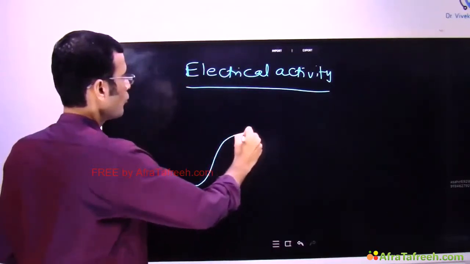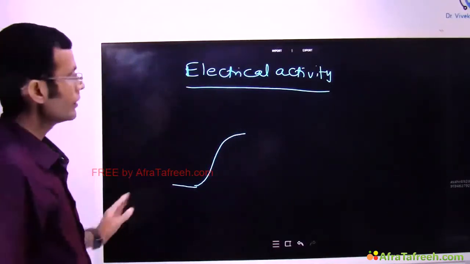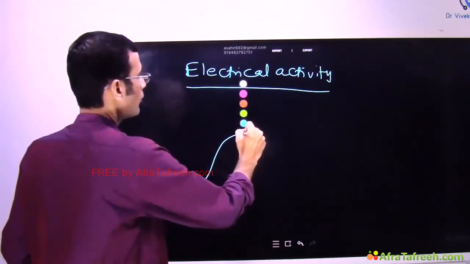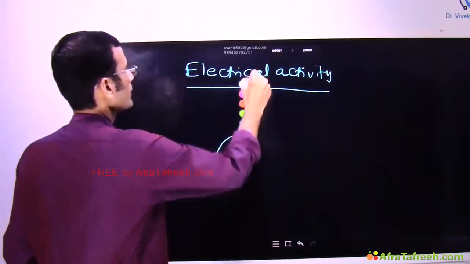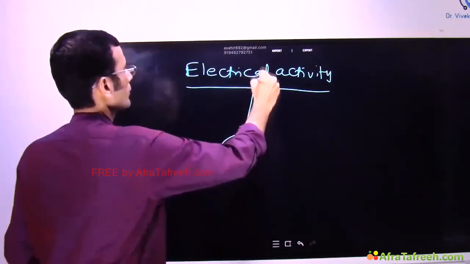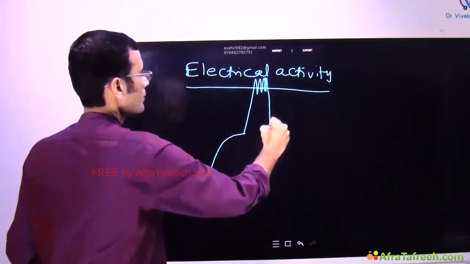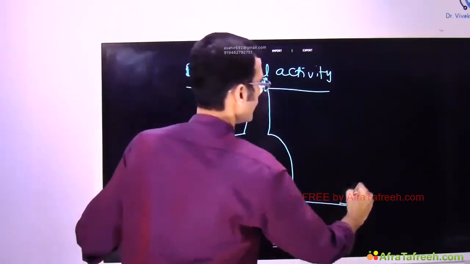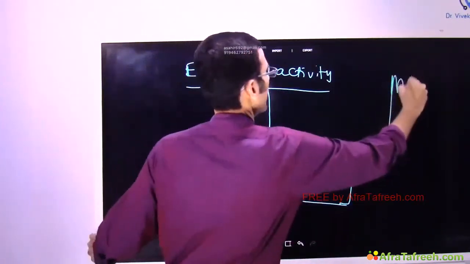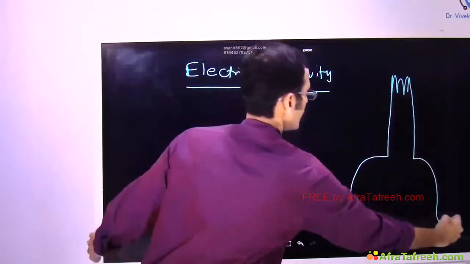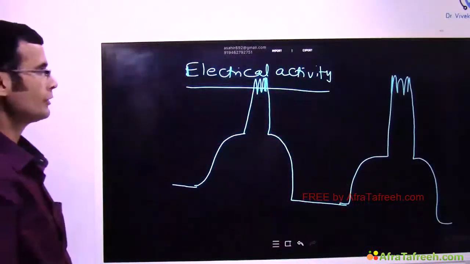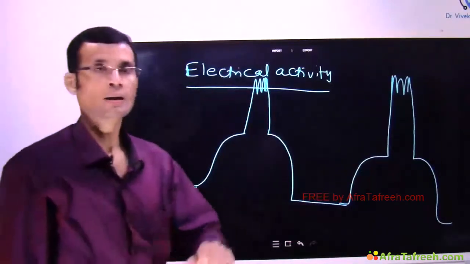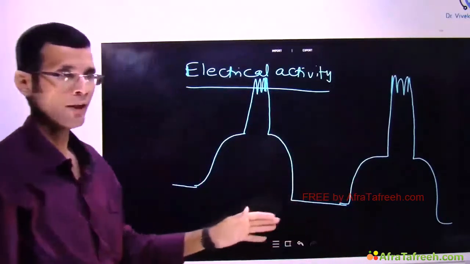There is a slow wave reaching the threshold, and at the top of the slow wave there are spikes, a single or multiple spikes. So a slow wave and then the spike at the top of the slow wave. That's a typical electrical activity in the smooth muscle lining the GI tract.